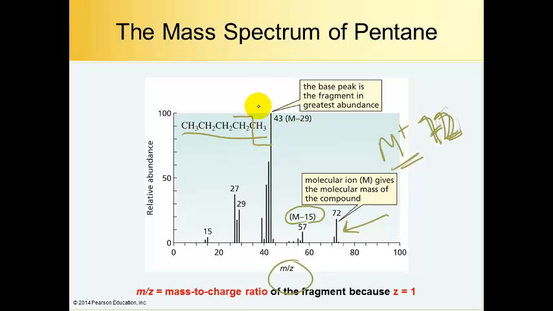This piece right here would be 15, and this piece right here would be 57, because 72 minus 15 is 57. Obviously, they both have to add up to 72. This piece, if positively charged, would be detected at 57. This piece, if positively charged, would be detected at 15.